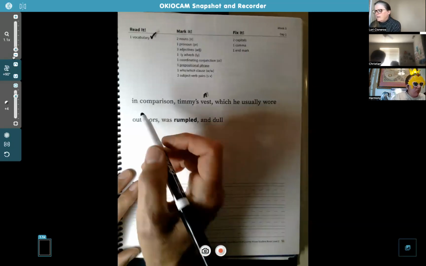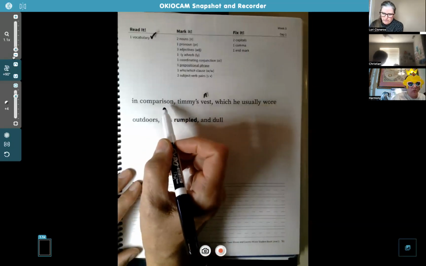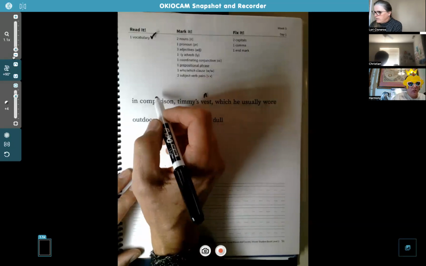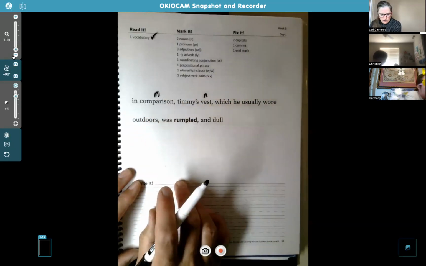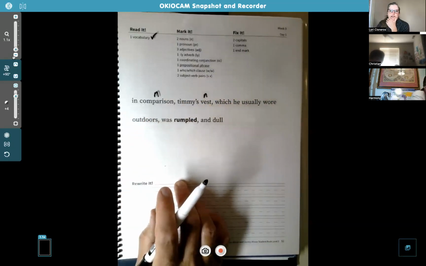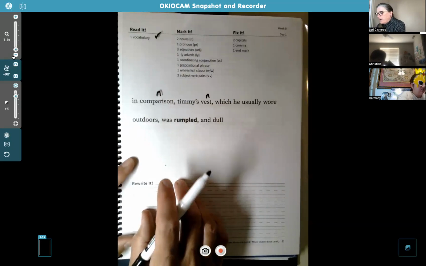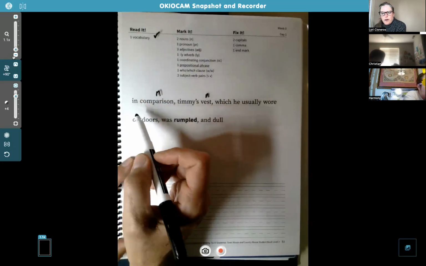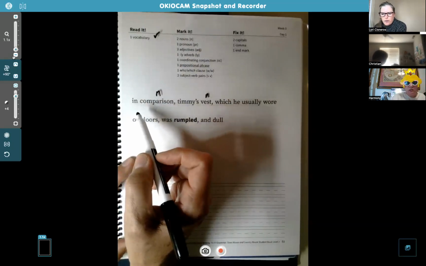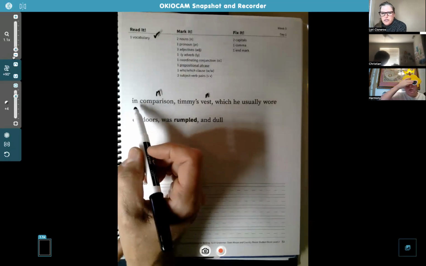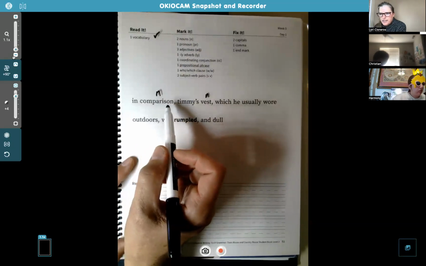It's going to be comparison. That doesn't really sound like a noun, but it is. Right here. Because this one's a little tricky, you guys. It says in comparison, and that word in is a preposition, right? That's one of the prepositional words. And so this is going to become a prepositional phrase.